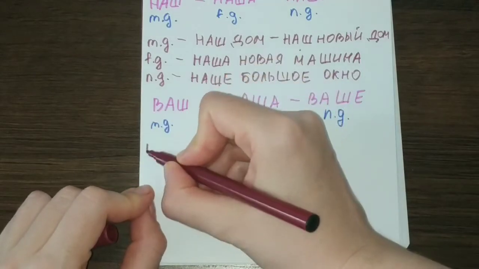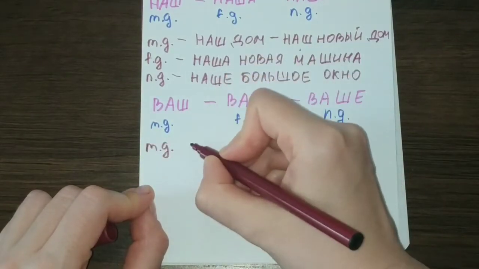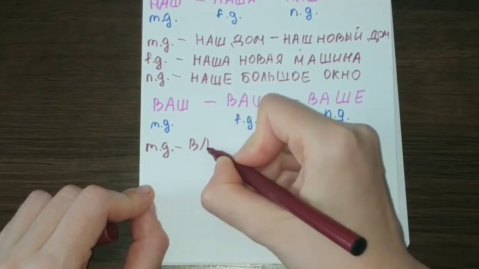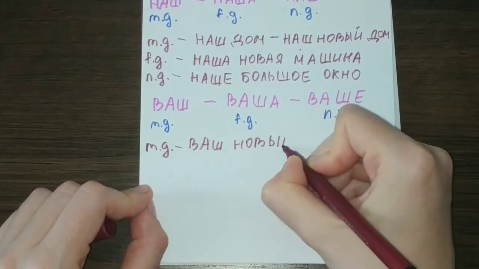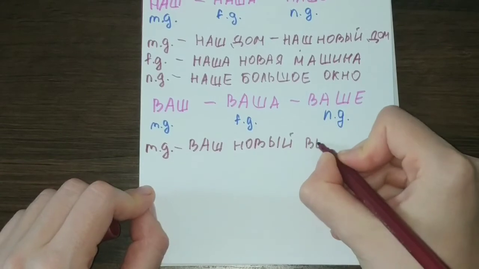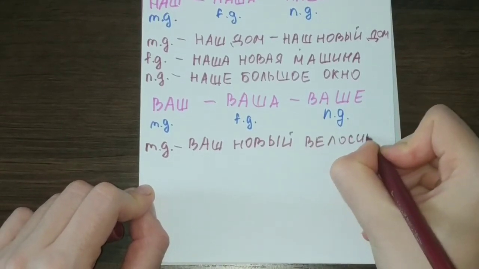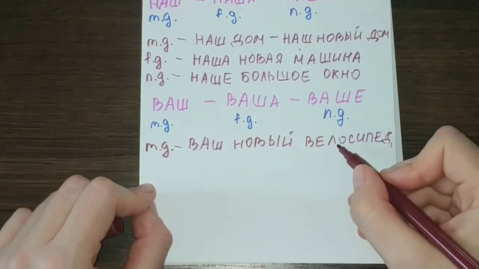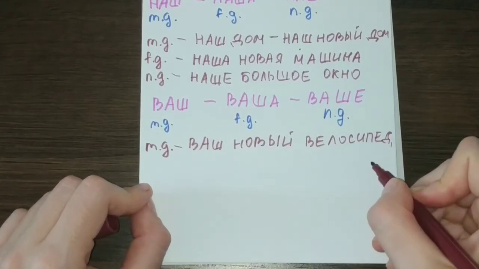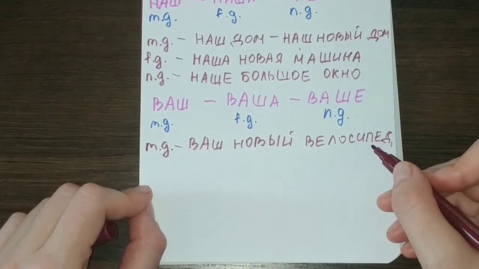The masculine gender, let's say ваш новый, let's take this word, велосипед. Ваш новый велосипед. So we see here the noun велосипед, meaning bicycle, and велосипед is a noun of a masculine gender.